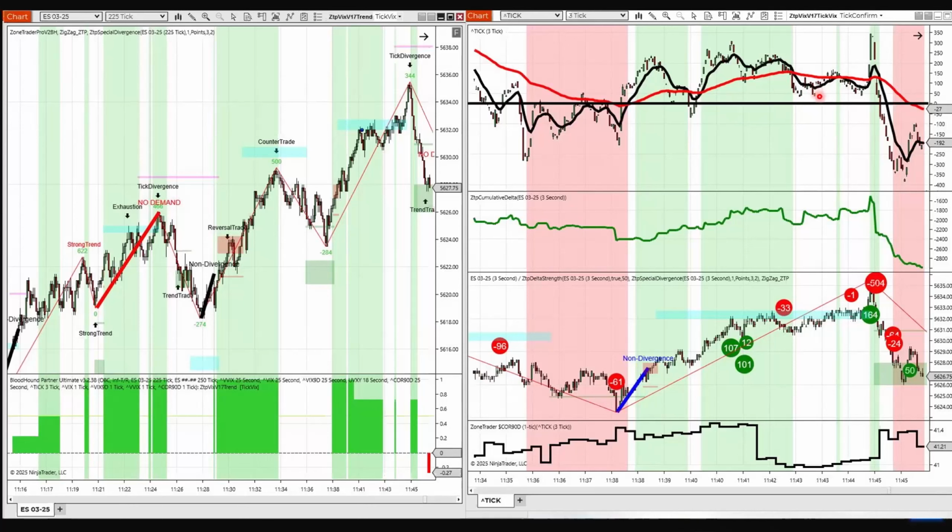What I definitely don't want to do, if I was thinking about shorting this resistance zone right here, is take the trade if it was against what the confirmation is telling me.